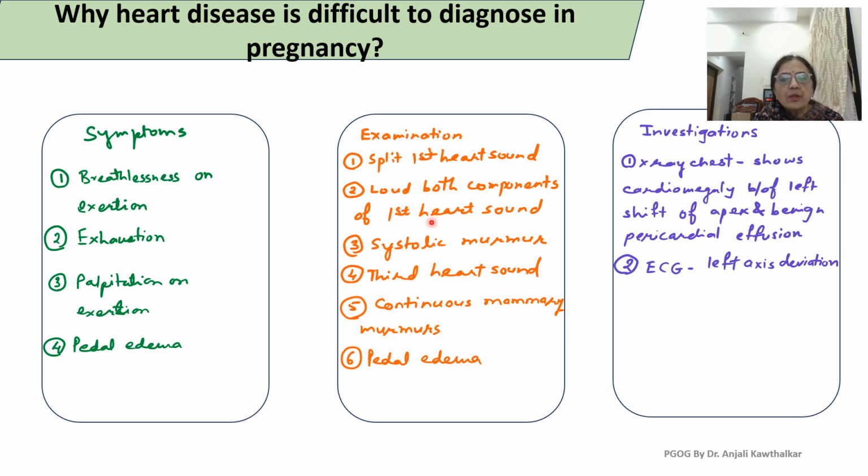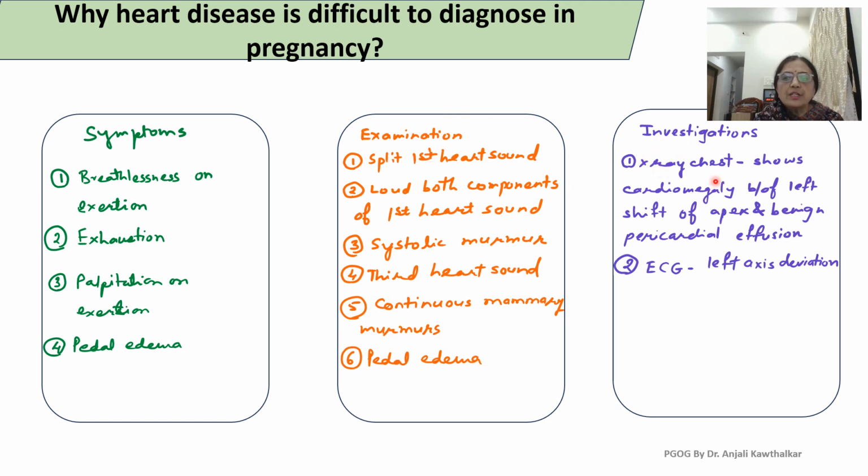The heart sound is louder, and with the split, both the components are louder. Systolic murmur is seen with the physiological and hemodynamic changes of pregnancy. A third heart sound can also be heard. Continuous mammary murmurs are heard, which sometimes lead to confusion about whether there is heart disease in the patient, along with the presence of pedal edema.